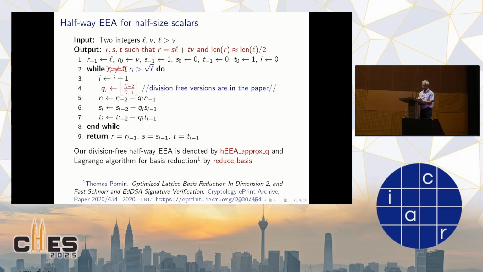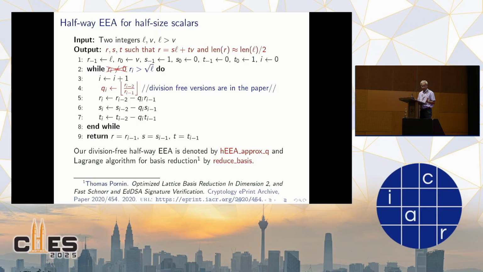scalars. We are interested in having the length of R and T be half of the length of L. So in my next slide, I'll show you how these two algorithms are achieving this. These two algorithms are denoted as HEA approximate Q. So this is really the approximate-quotient-based half extended Euclidean algorithm.